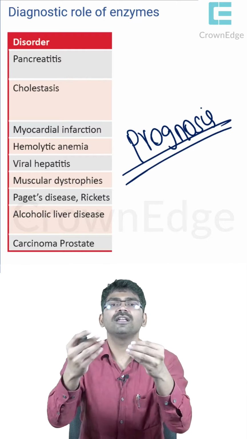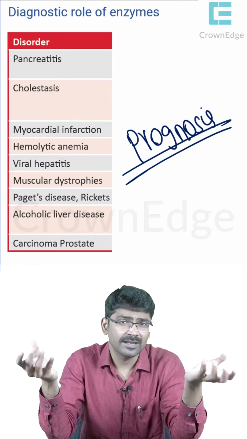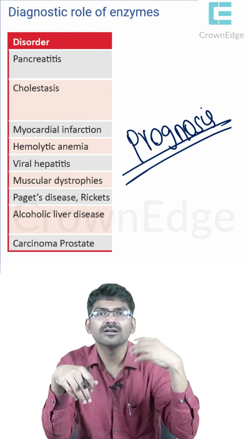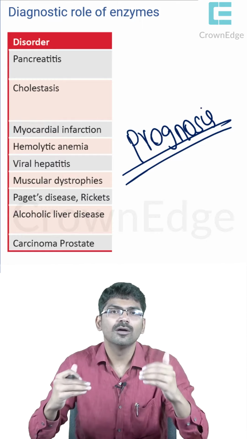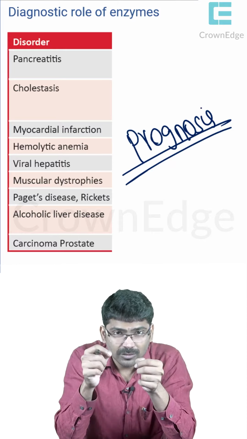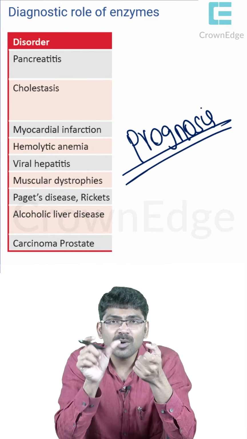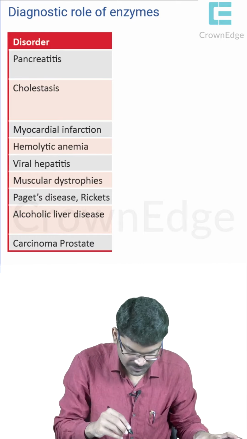So there is a viral hepatitis patient, a hepatitis A patient. Initially the enzymes are high. Once the person is recovering, the enzyme level will be low, right? So you can predict the response to treatment by enzyme levels, right?